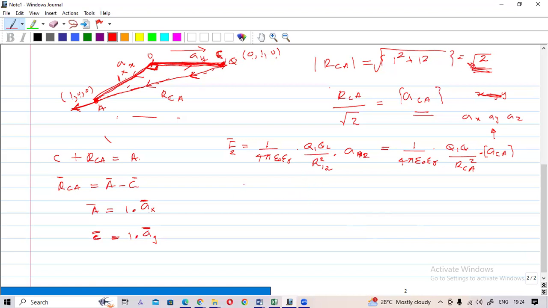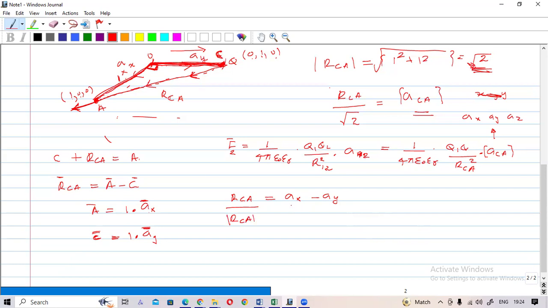Now we have found this, 1 AX minus 1 AY. RCA is equal to 1 AX minus AY. That is the vector, and you have to divide it by the RCA magnitude.